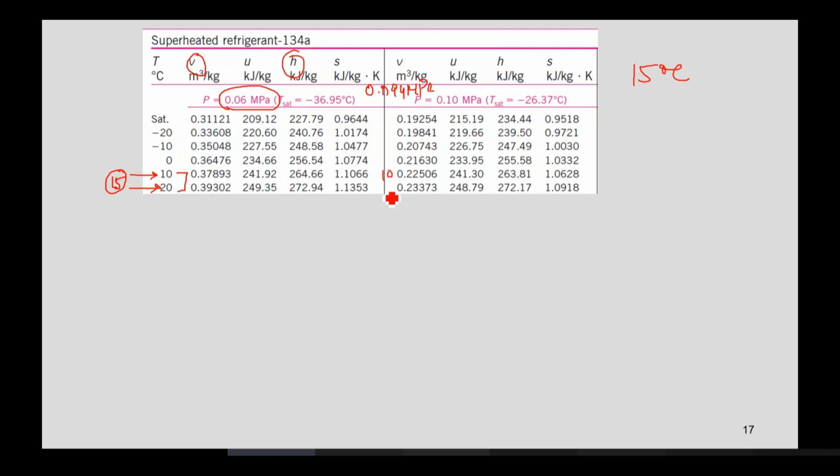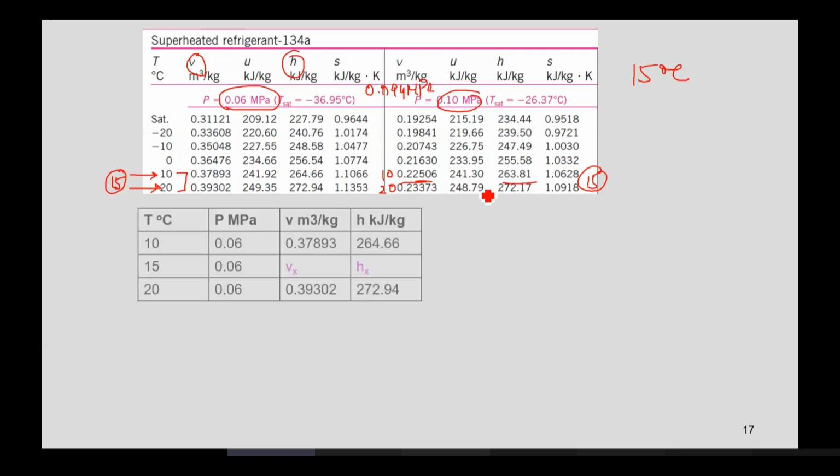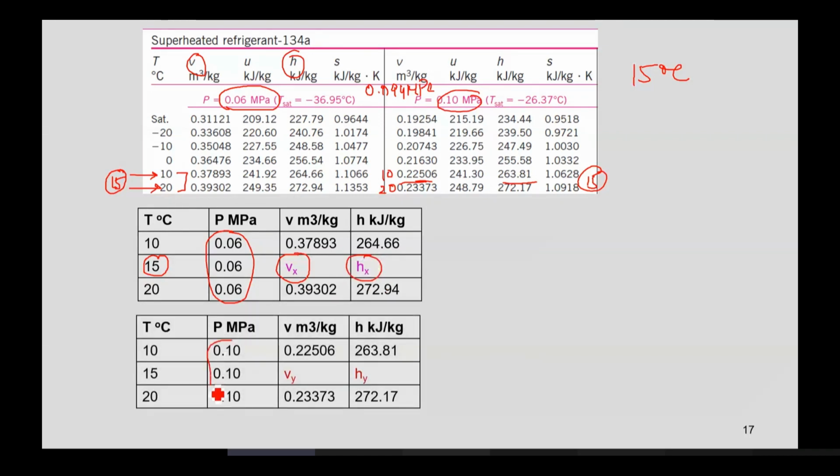Similarly, you will do the interpolation for 0.10 megapascal and find out the values for 15 degrees centigrade, specific volume and enthalpies. So for 0.06 megapascal, you'll need to find out the value for 15 degrees centigrade, specific volume and enthalpy, and so is for 0.10 megapascal.